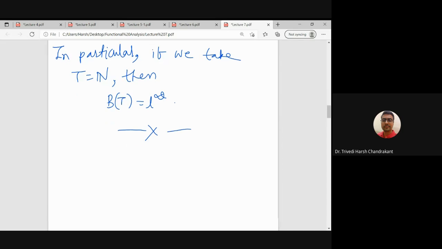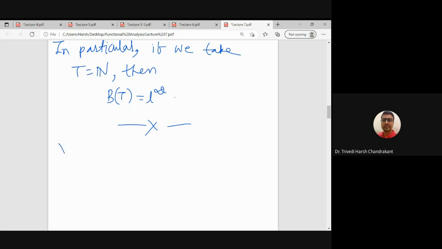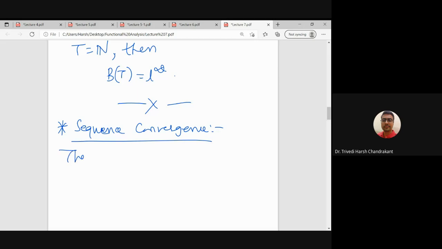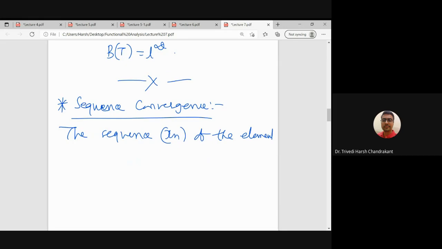So whenever we have a metric space, we can define the convergence of a sequence in a metric space. So the sequence xn of the elements of the metric space X, d.